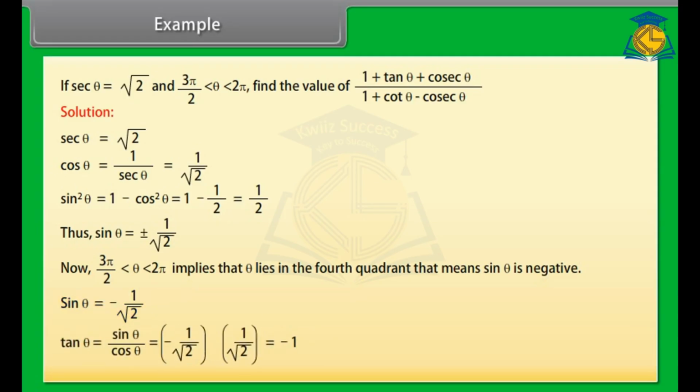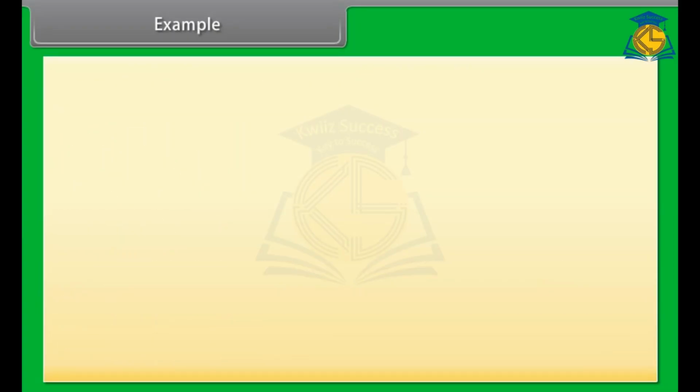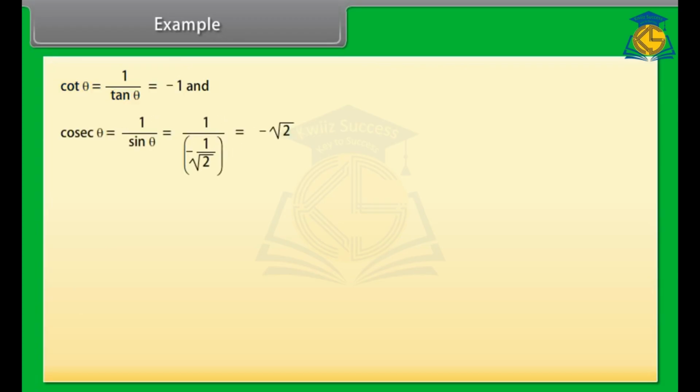Sin of theta is equal to minus 1 by under root 2. Tan of theta is equal to sin of theta by cos of theta is equal to minus 1 by under root 2 upon 1 by under root 2 is equal to minus 1. Cot of theta is equal to 1 by tan of theta is equal to minus 1, and cosec of theta is equal to 1 by sin of theta is equal to minus under root 2.